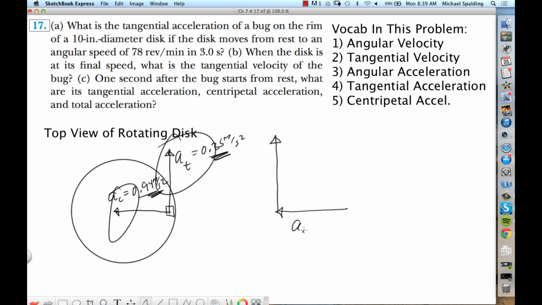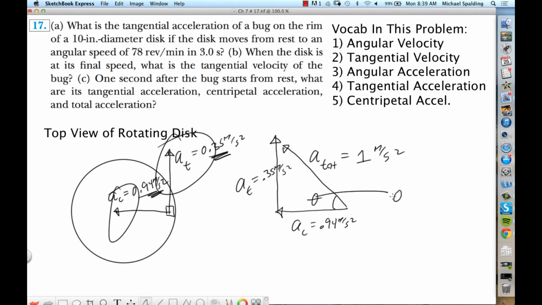Put these vectors together, tip to tail. The centripetal acceleration is 0.94. The tangential acceleration is 0.35. So how do you add these together? The total is going to be the hypotenuse. The acceleration total, so you use Pythagorean theorem. When you do Pythagorean theorem, you get 1 meter per second squared. And then you're also going to want this angle.